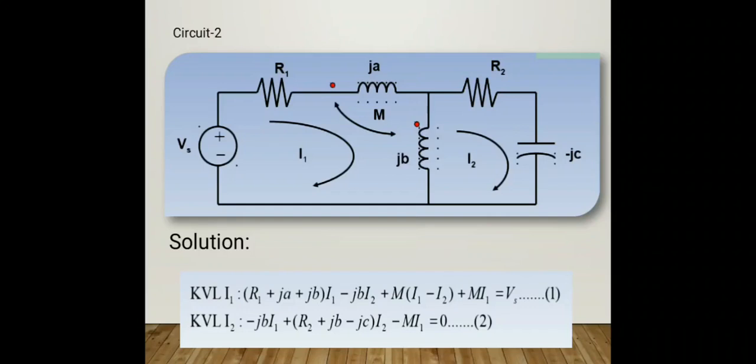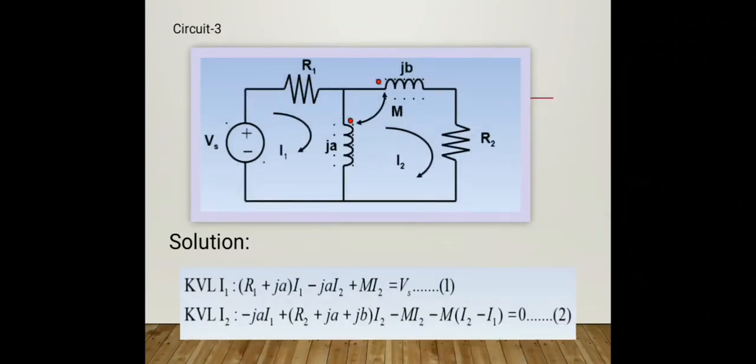On applying KVL in the second loop, there is only one inductor, but the mutual inductance is created by LA by the I1 current. Seeing that I2 is leaving and I1 is entering the inductors, it should be negative. I think you may understand.